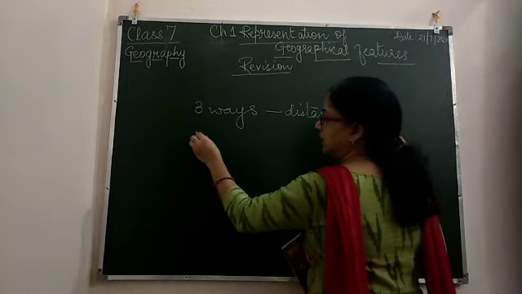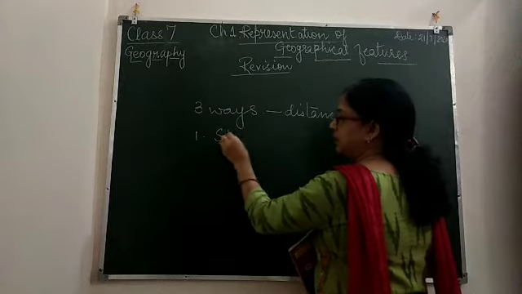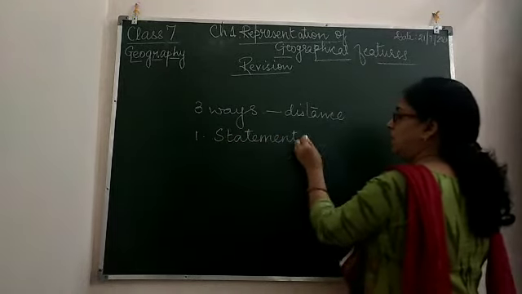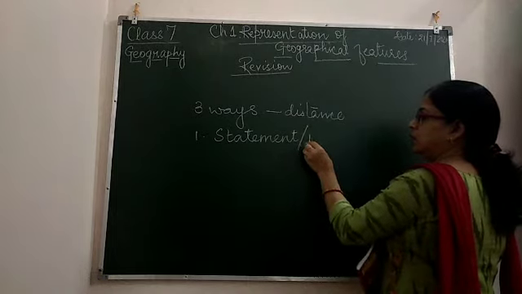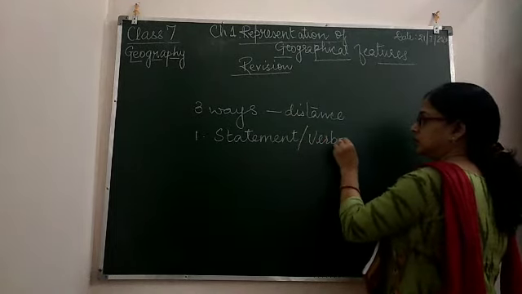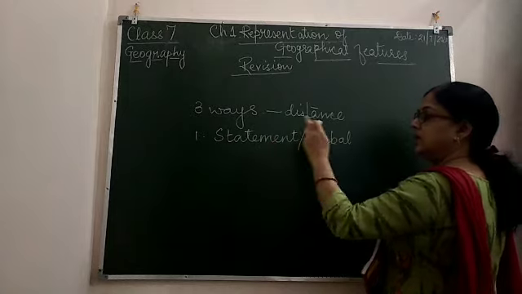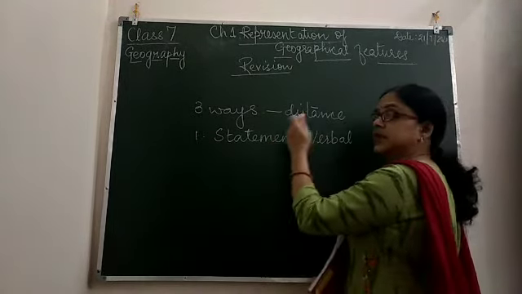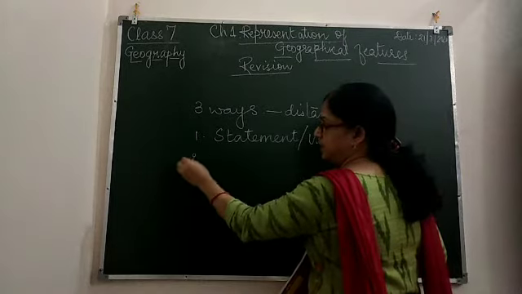Keep it in mind: first, the statement or verbal scale. The statement scale is also known as the verbal scale, and the verbal scale is also known as the statement scale.